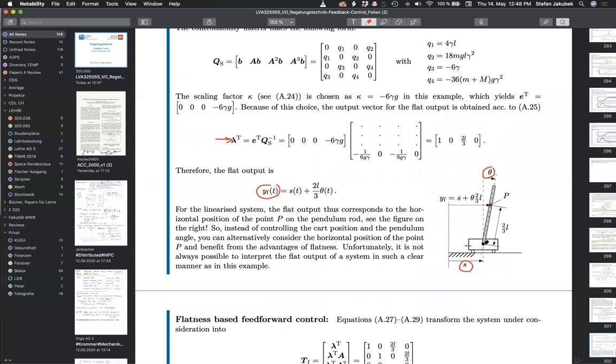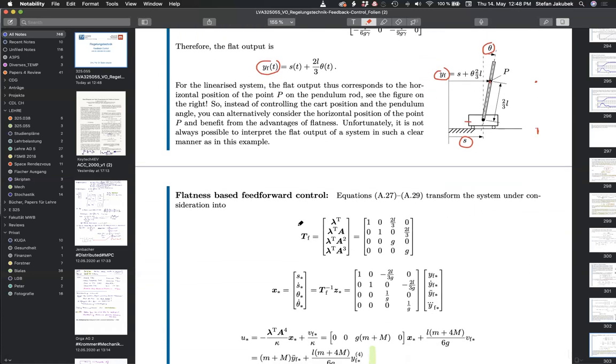If instead of the cart position, we control this point, I think this is an acceptable choice, because if you want to control the cart position, for example, to move exactly here, and if we stabilize the cart, then this point P is exactly above this point of the cart, which means by controlling this flat output, we simultaneously control the cart position. So this is pretty much a nice choice, so to say.